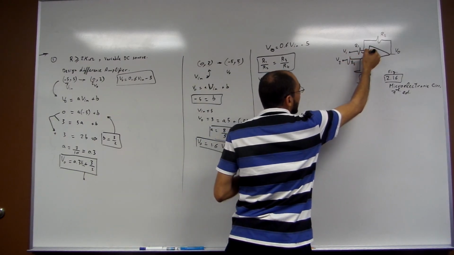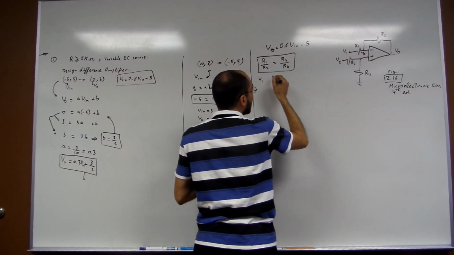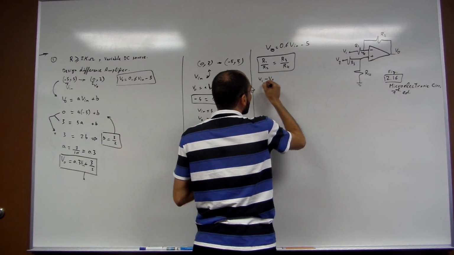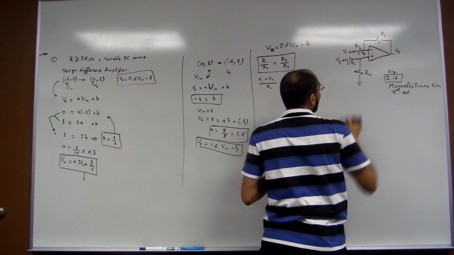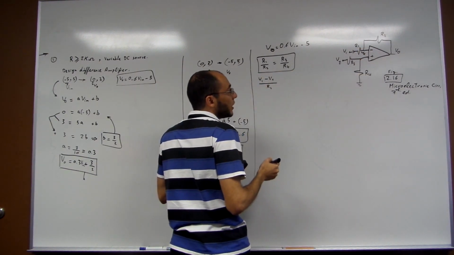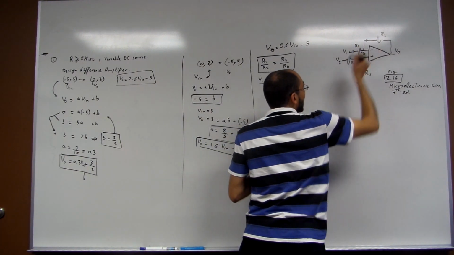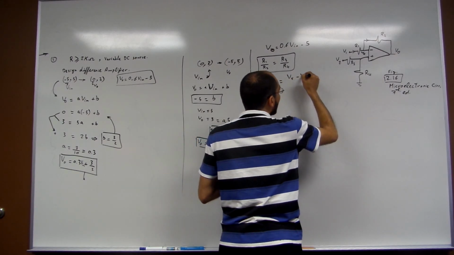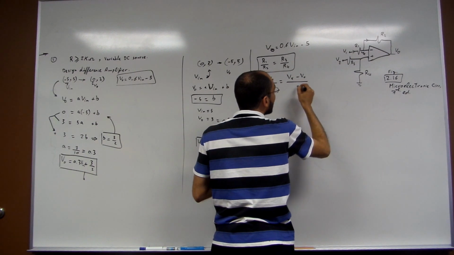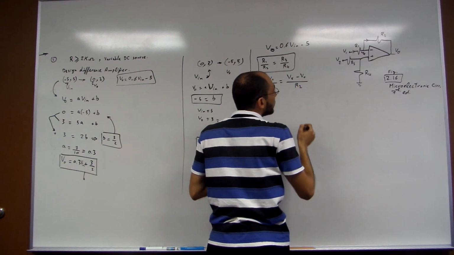I'm going to call this node Vx. V1 minus Vx over R1, which is the current passing here, is the same as the current passing here, which is Vx minus V output over R2.